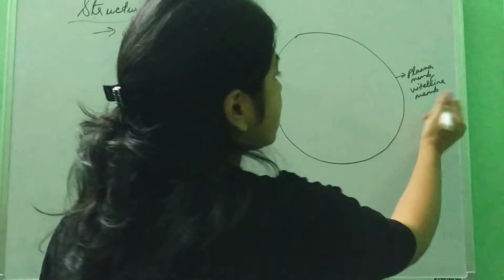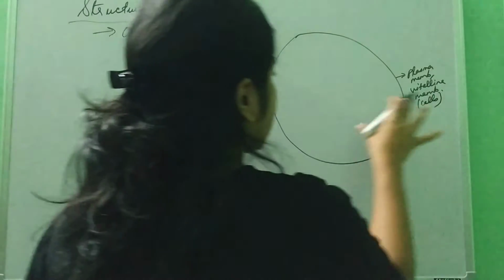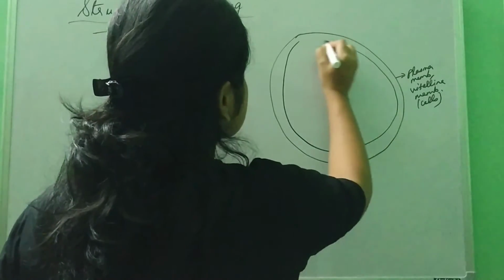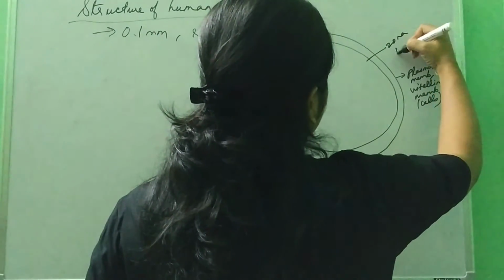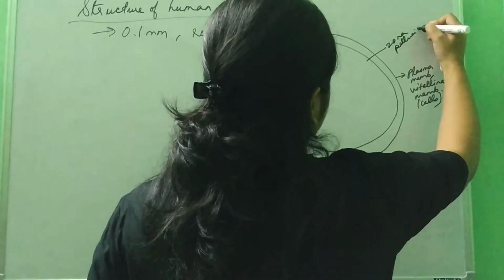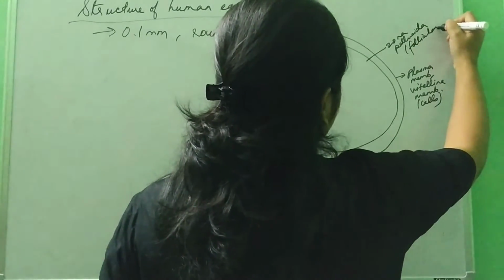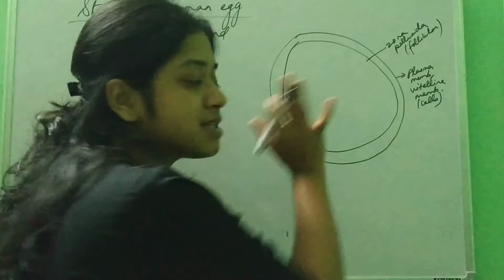This plasma membrane is secreted by the cells of the egg itself. The next membrane is the zona pellucida. This layer is secreted by the follicular cells.